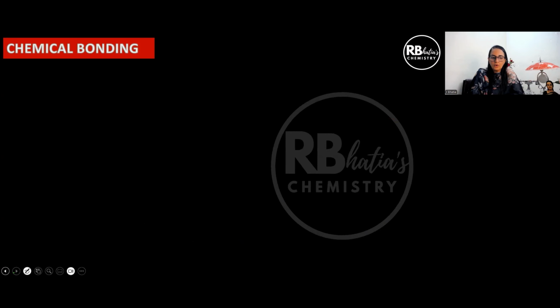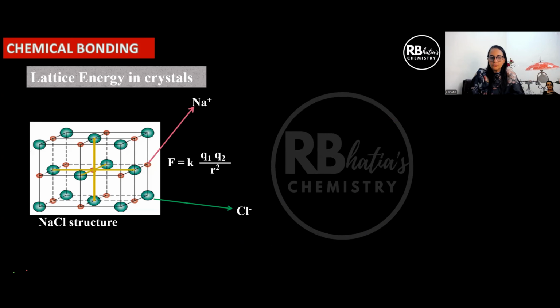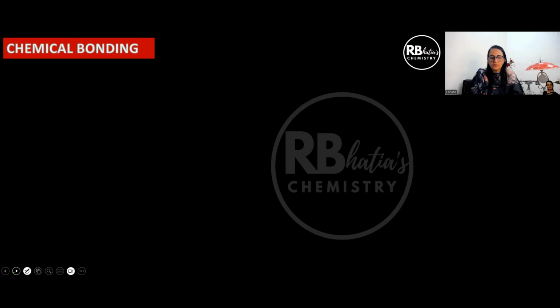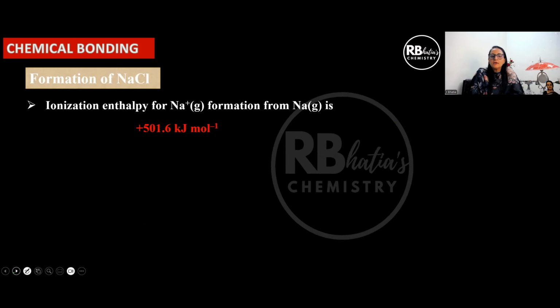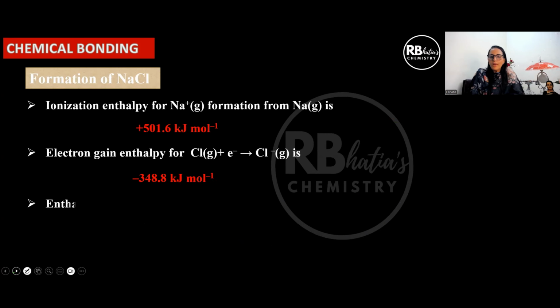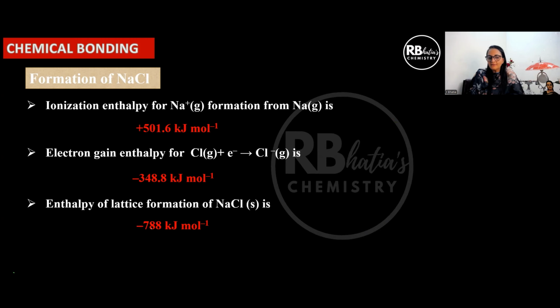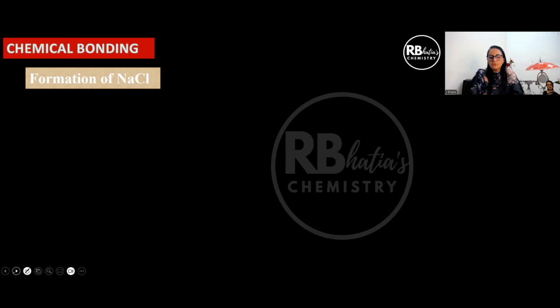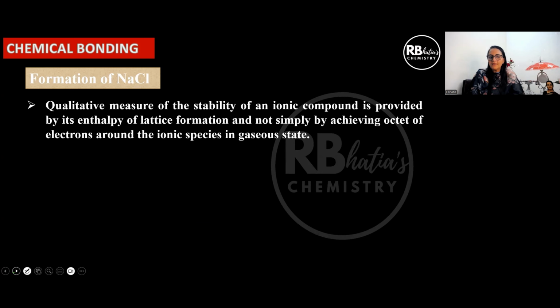So this we've already talked of, and this is the formula for electrostatic forces. You can leave if you want. Okay, this is with the values, ionization enthalpy, electron gain enthalpy, and this is minus 788. If you calculate the net outcome of these three forces, it should come out to be favorably negative. Qualitative measure for stability of an ionic compound is provided by its enthalpy of formation and not simply by achieving octet.